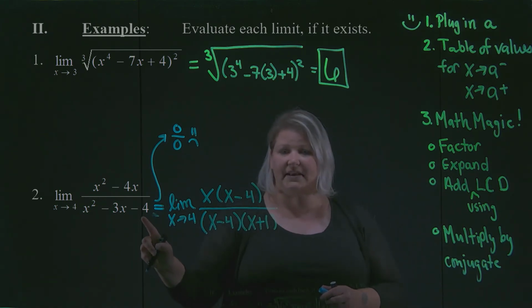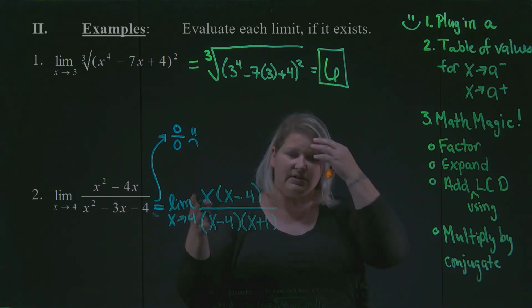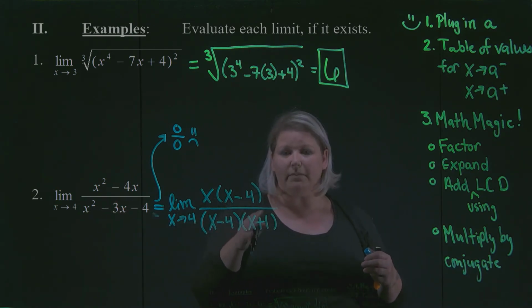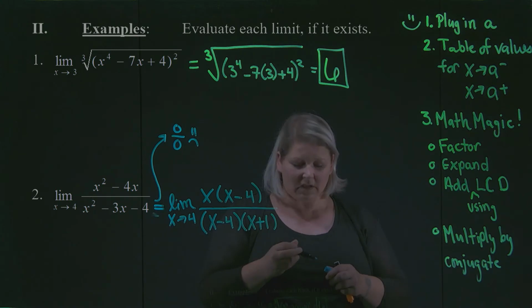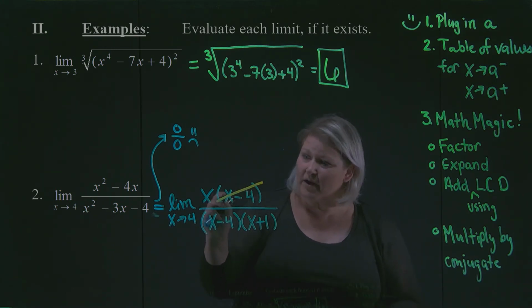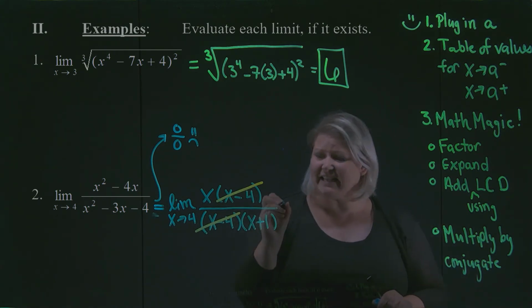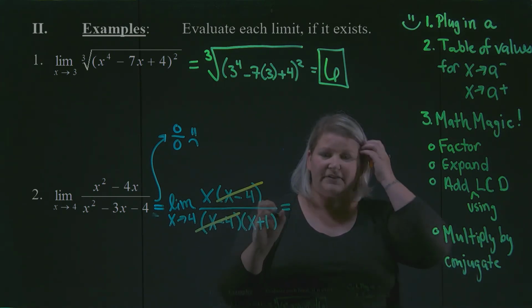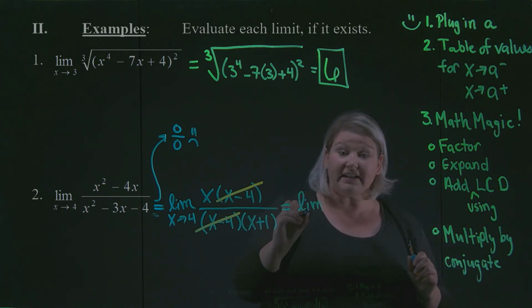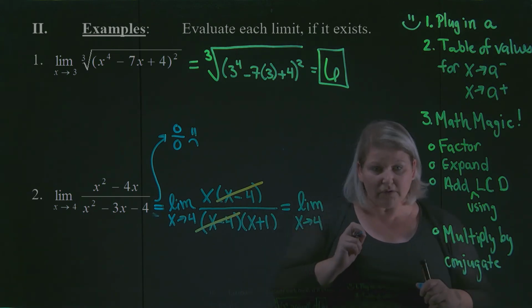Again, just think about this. I've got 4. What factors of 4 subtract to give me negative 3? So it's a negative 4 plus 1. And then notice what happens. This bad boy cancels. And that's very exciting because it's that x minus 4 in the denominator that's causing problems with x as it approaches 4.